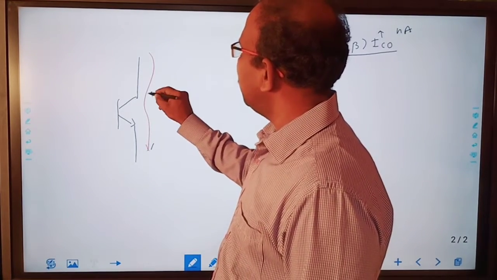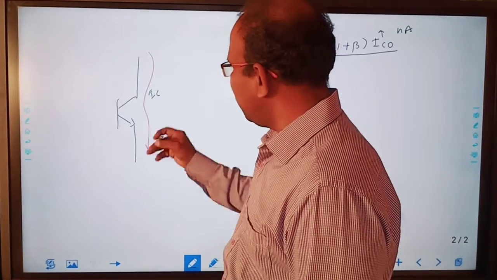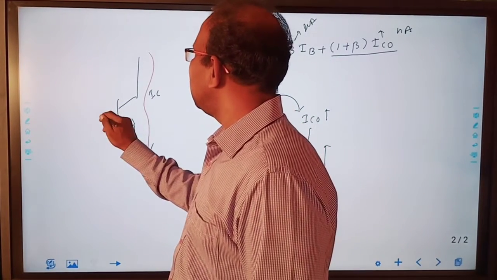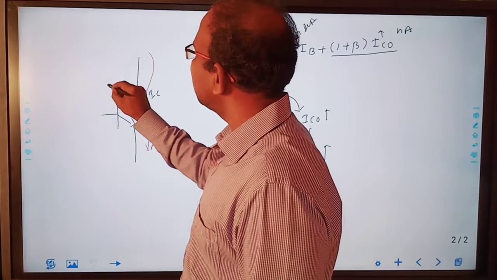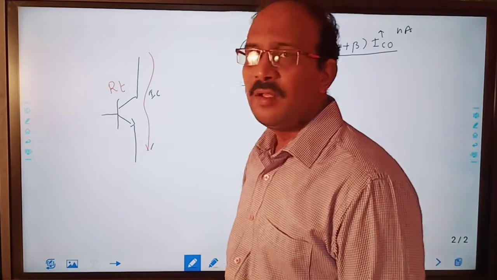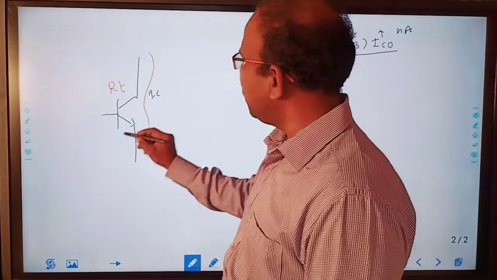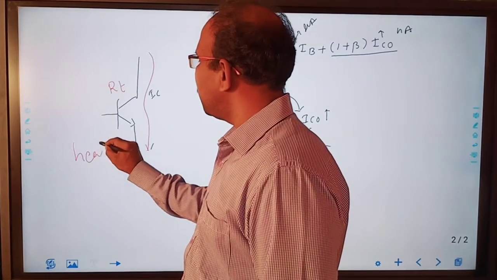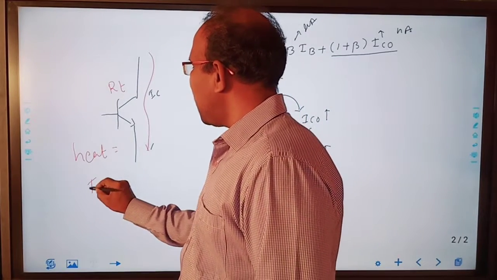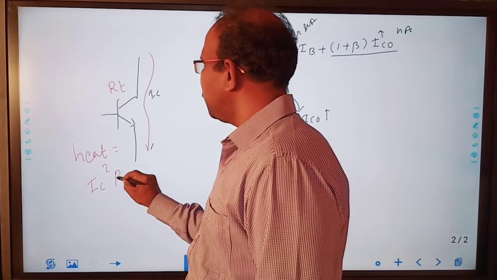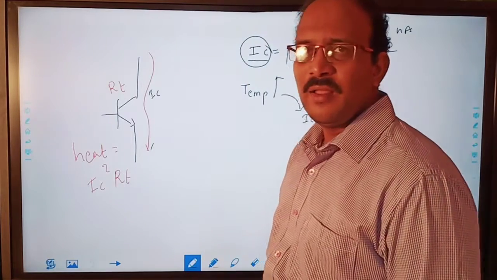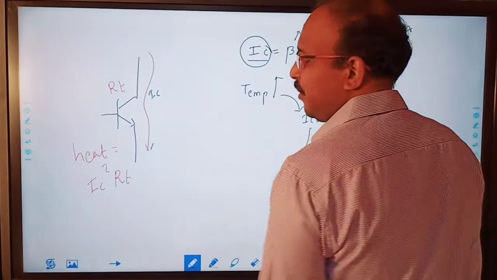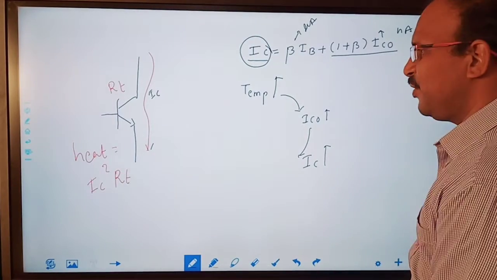So this is IC. This transistor has got some internal resistance. What is that called? That internal resistance is called R of T, or internal resistance. And what is the heat generated? Heat generated across transistor is equal to IC square into resistor, and of course with respect to time, correct? The more the time, the more heat will be generated.